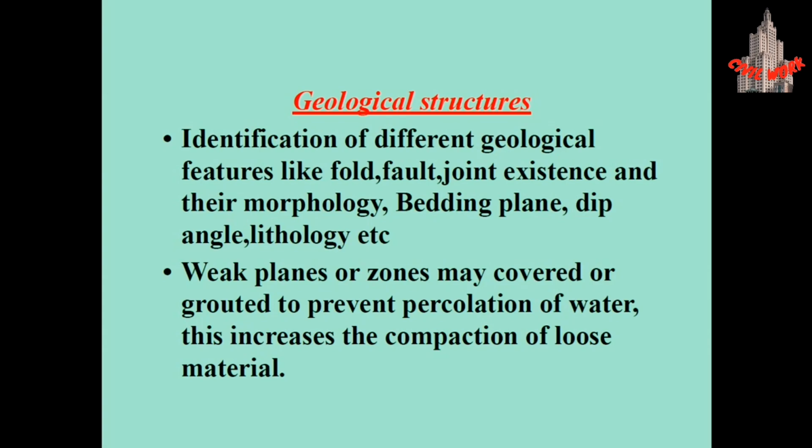Soils that are loose or poorly consolidated are more susceptible to sliding. Number four, we have slope angle and topography. Steep slopes are more prone to landslides due to gravity. The shape and steepness of a slope significantly influence its stability.